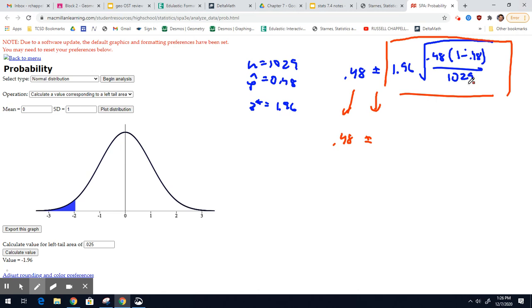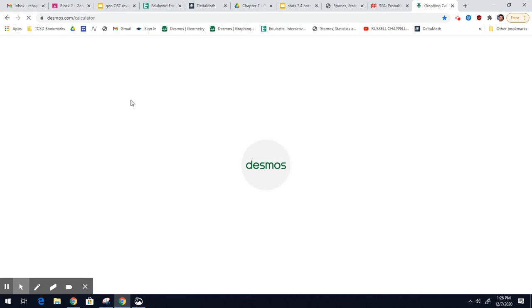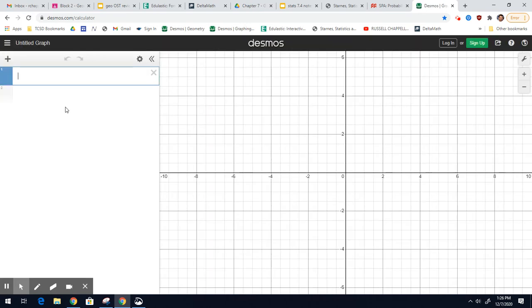Okay, so let me take a picture of that real fast, and then we'll type that into the Desmos graphing calculator. All right, so I got it taken. So let's go to the graphing calculator here, and we're going to type in 1.96 square root fraction, 0.48 times 1 minus 0.48 all over 1,029.